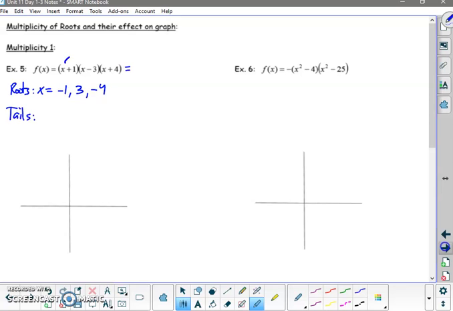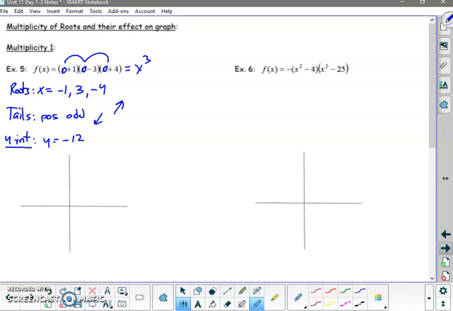If you were to multiply this out, the first term is going to be x cubed. So it's a positive odd, which means my tails look like that. And your y-intercept, what would we get if we set all of the x's equal to 0 and then multiplied everything through? So if you do that, I get 1 times negative 3 times 4, so y equals negative 12.